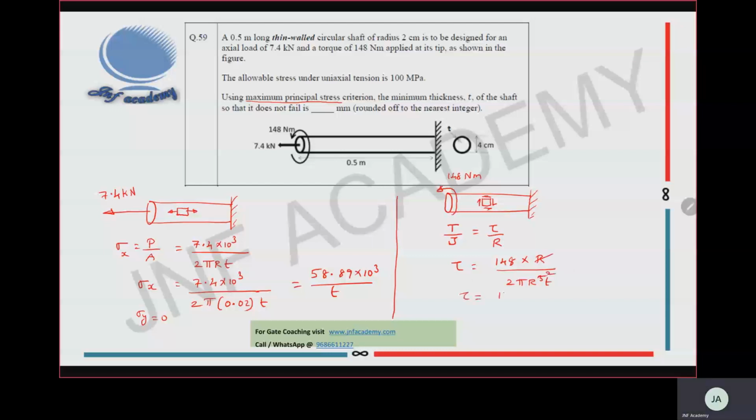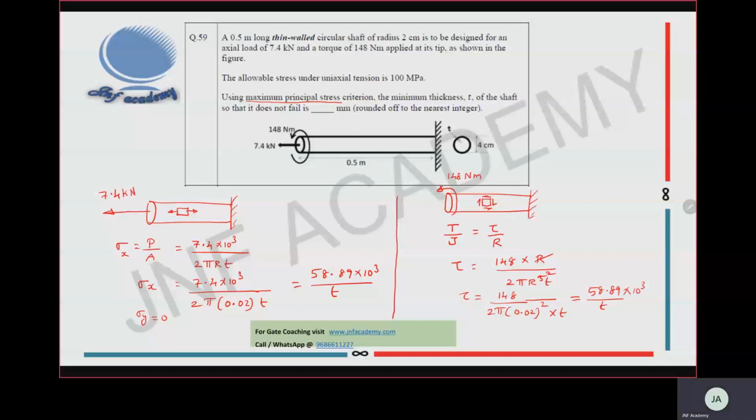Now let me substitute the remaining things. 148 over 2 pi, 0.02 meter, into thickness. We'll simplify this. Here also the same value is coming, 58.89 divided by T into 10 power 3.